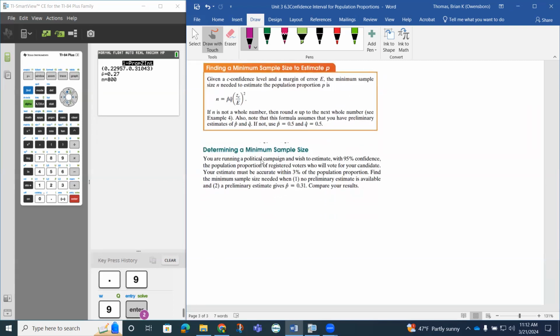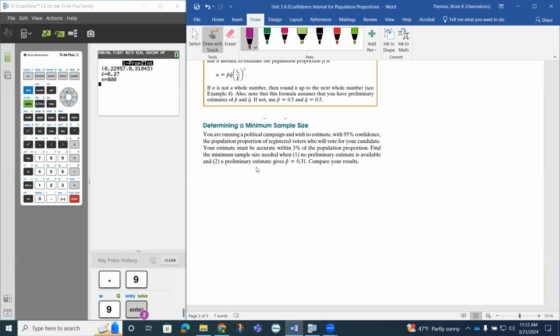So you're running a political campaign and you wish to estimate with 95% confidence the population of registered voters who will vote for your candidate. Your estimate must be accurate within 3% of your population proportion. So that's going to be your margin of error.